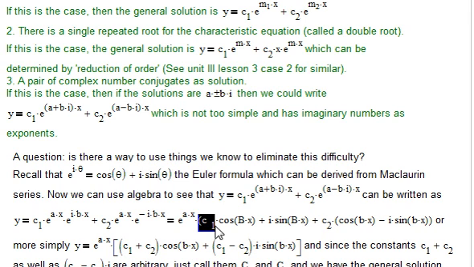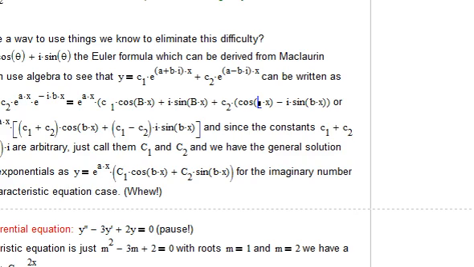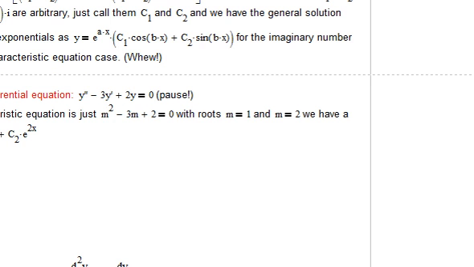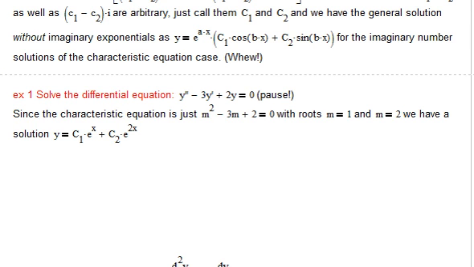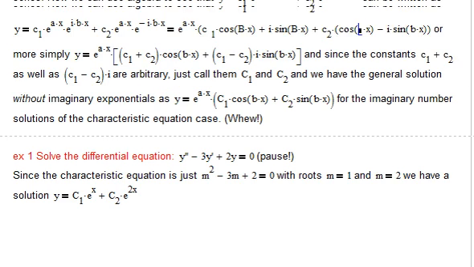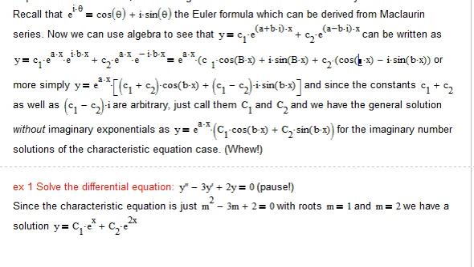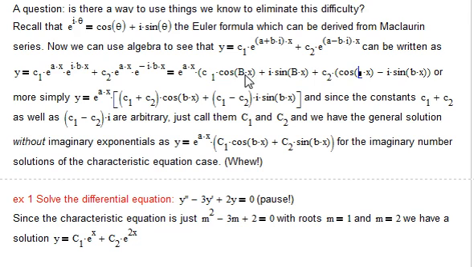See, c1 cosine of bx. Here's, I got my capitals and smalls mixed up here, so bear with me as I try to resolve my typo. I have these small letters everywhere, so make this one a small and this one a small.